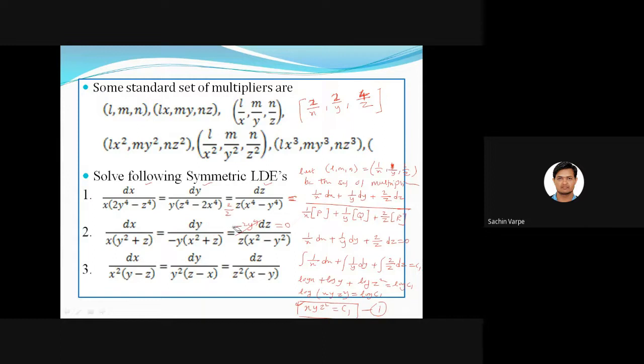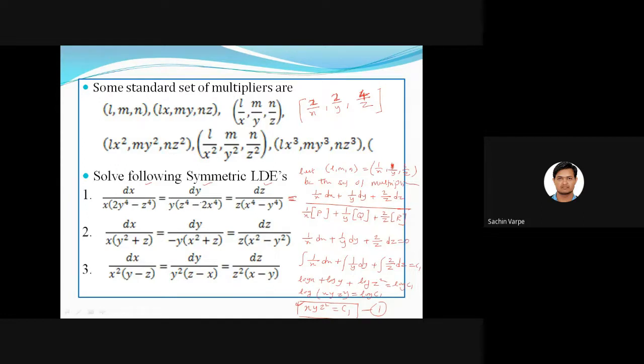To get the multipliers is a trial and error process. Can you see here, bracketed terms are fourth order, right? Fourth order: 2y raised to 4, z raised to 4.